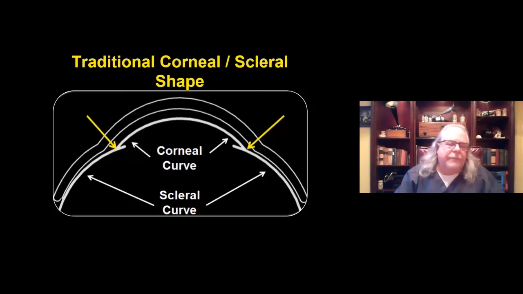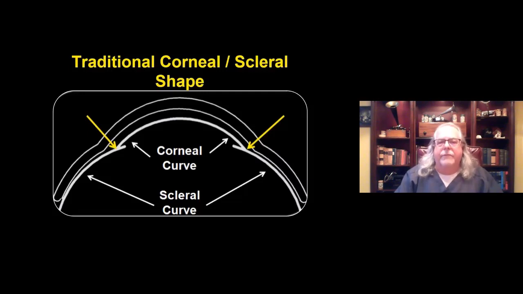And these types of drawings became, you know, fairly prevalent. But today we know that these drawings are somewhat inaccurate. They're inaccurate because the cornea does have a curve, but that curve stops at about a chord of 10 millimeters.